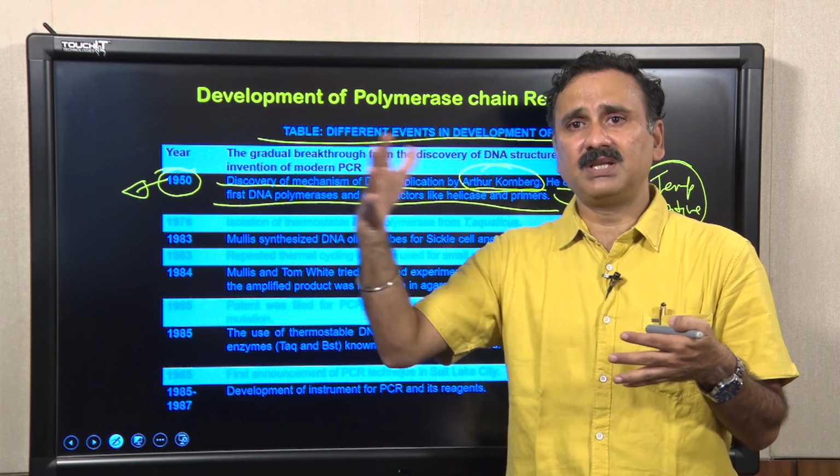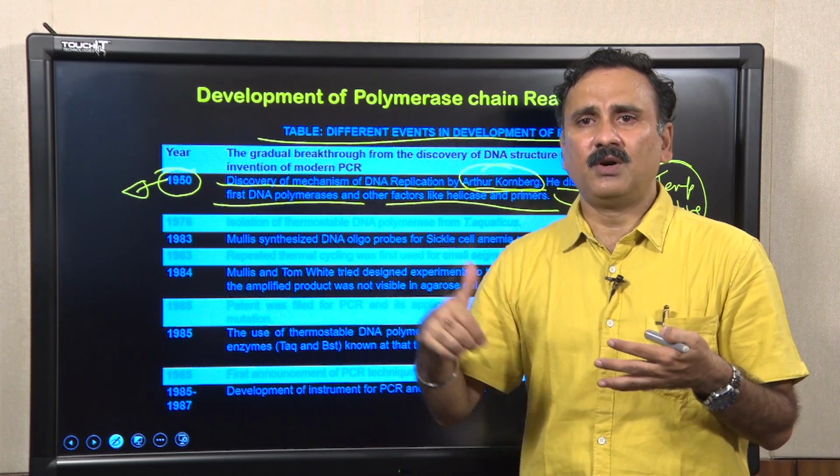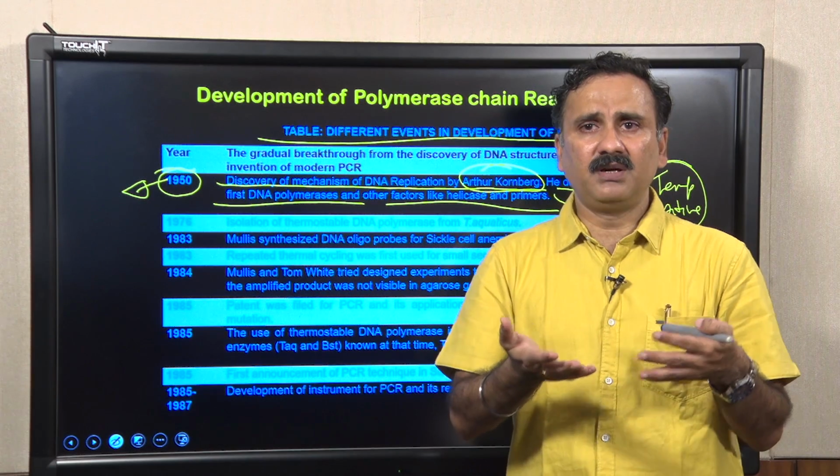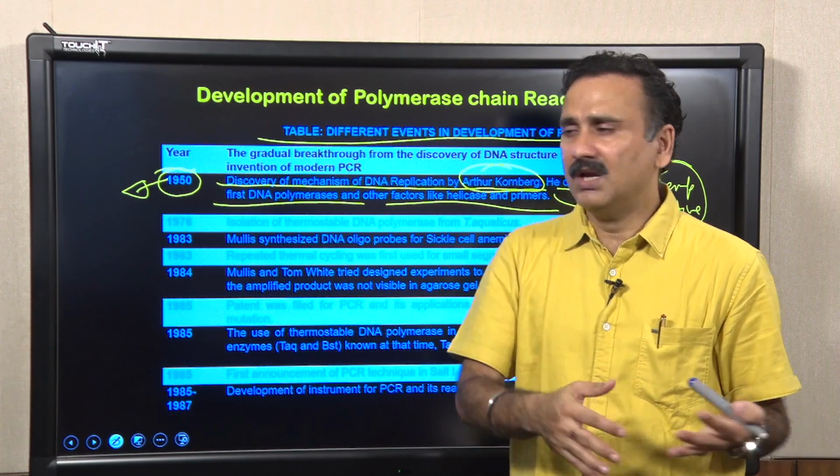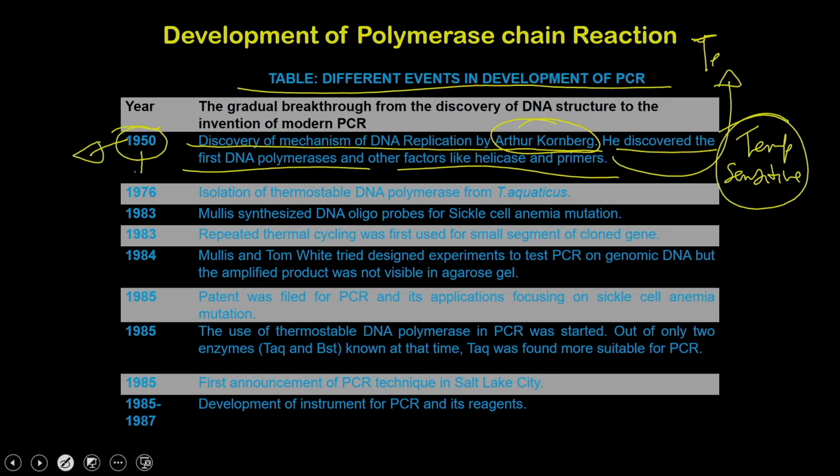But once you bring the temperature high, the enzyme reported by Arthur Kornberg is going to be inactivated, and that is why nothing happened until 1976, when people discovered the first thermostable DNA polymerase from Thermus aquaticus.